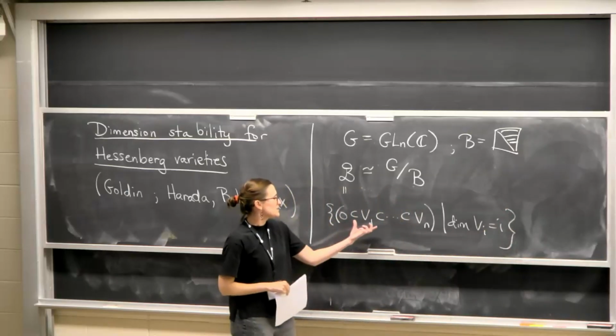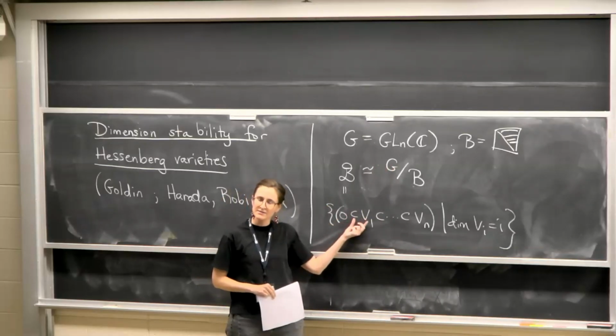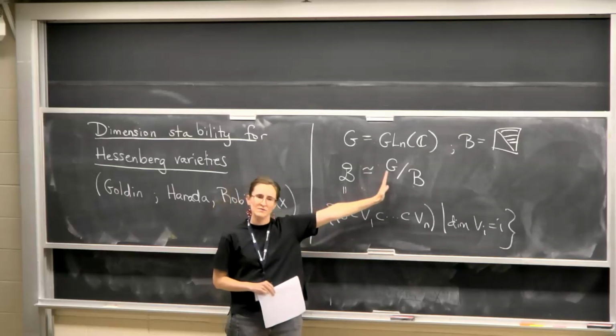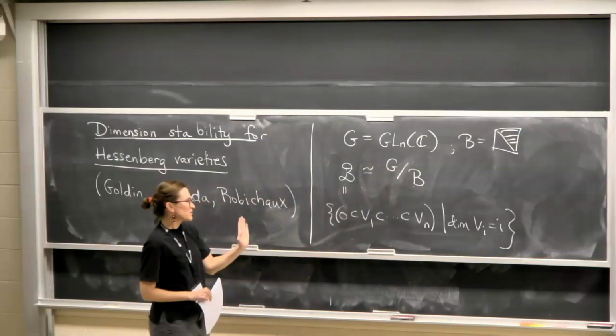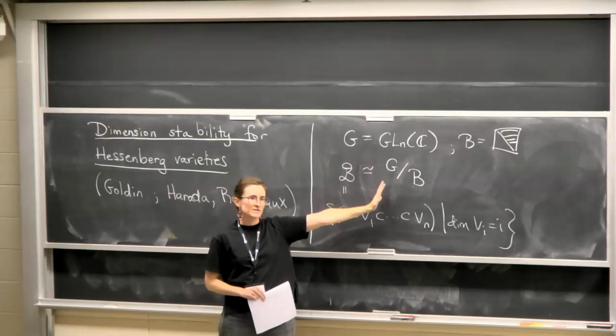And then I'll identify a flag with a coset by simply taking a basis that determines this flag and putting those basis elements as the columns of a representative matrix. I like to make my basis elements columns instead of rows. It's just my convention. You always have to be a little careful.